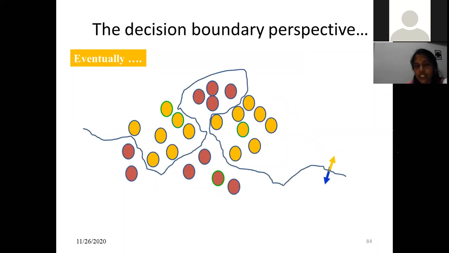Finally, after multiple iterations and several weight adjustments, we get this decision boundary with two different classes. All the pink, or class 0, are grouped together, and all the yellow data points, maybe class 1, are grouped together. This is how we proceed towards reaching our objective.